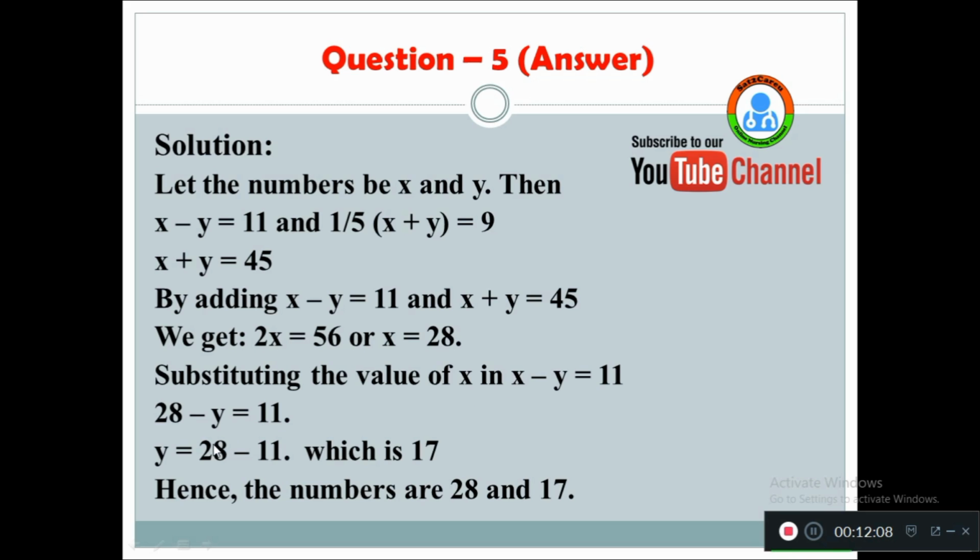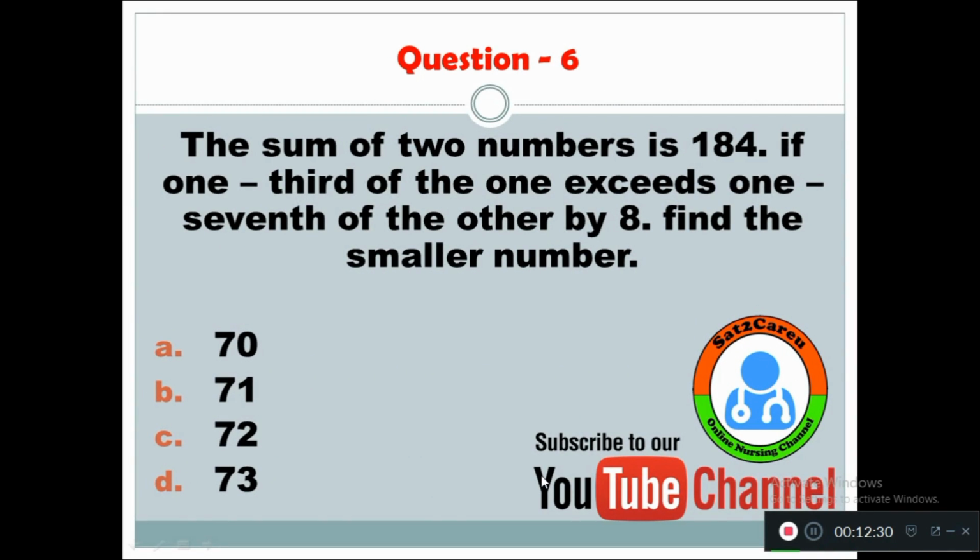Now we are moving that y to this side so that the minus y becomes plus, and this 11 we are moving to the left side, so it becomes minus. y is equal to 28 minus 11, which is 17. Hence the numbers we need: x is 28 and y is 17. So this is the right answer. Now move on to the next sum.